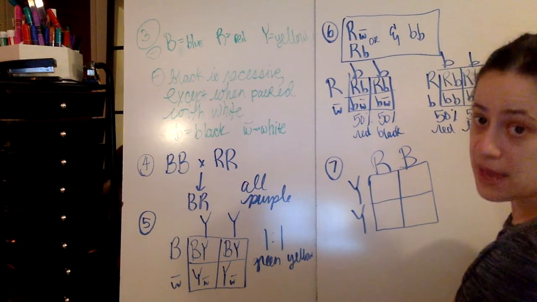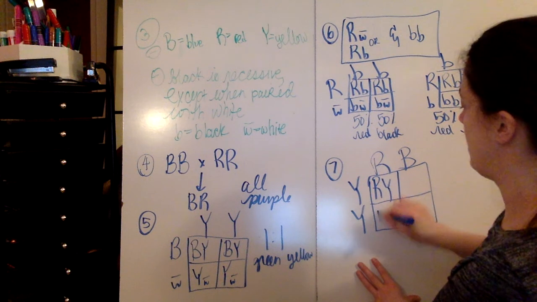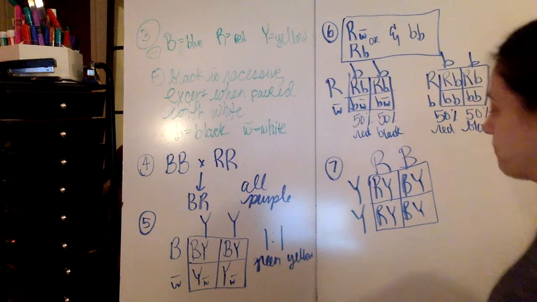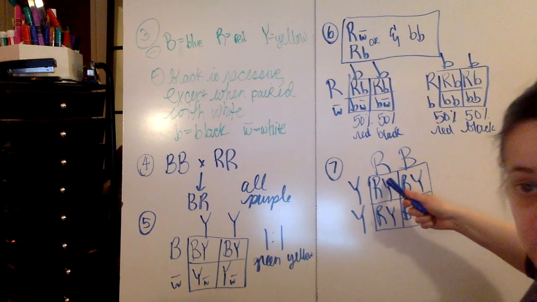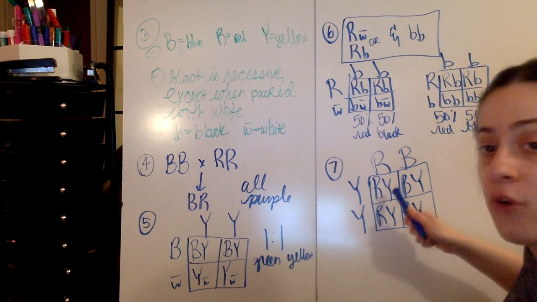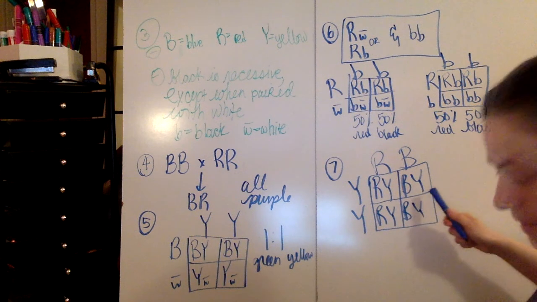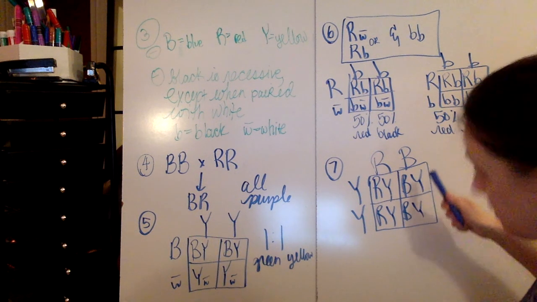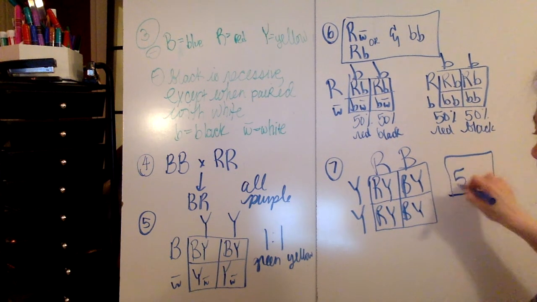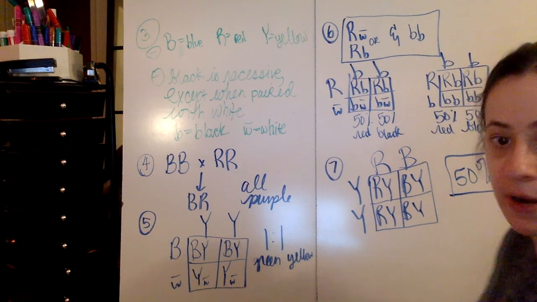Then we fill out the Punnett square: RY, RY, BY, and BY. The genotype RY is for a tribble that's phenotypically orange, and then this would be green and that would be green. So the probability of a green offspring is 50%. I'm going to pause there before I go to the next set of problems.